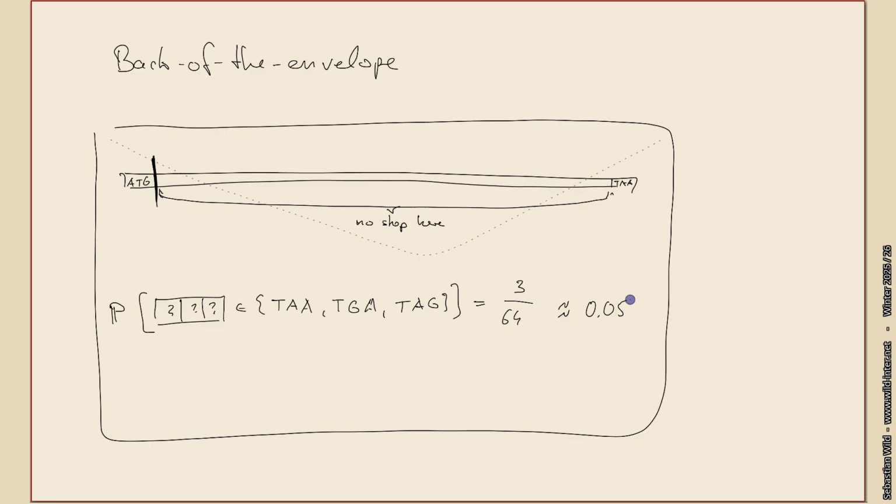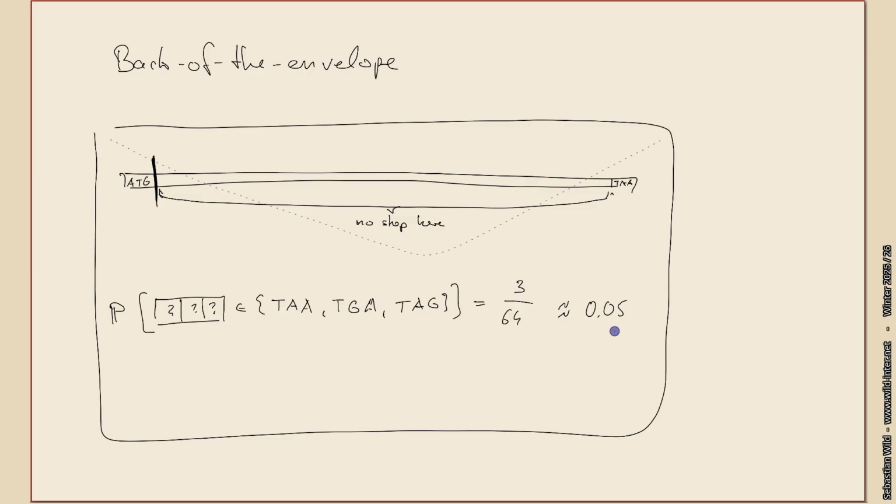Well, it means whenever you move here, you have a 1 in 20-ish chance that the next thing stops the sequence. So in expectation, maybe we should expect 20 or so of these codons, and maybe then roughly 60 as a ballpark for the length until we see another stop codon.